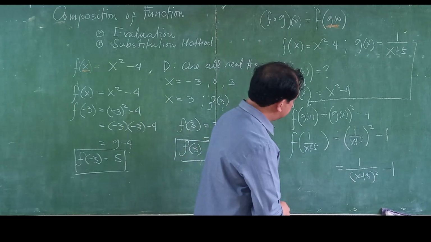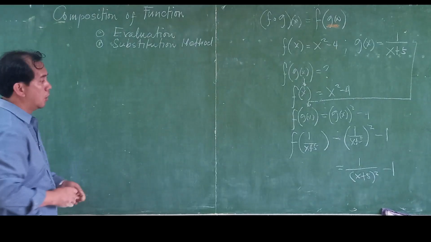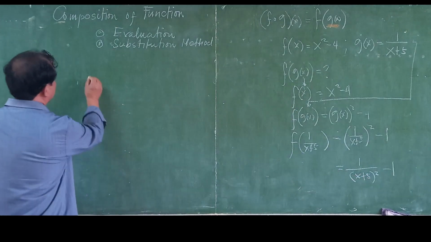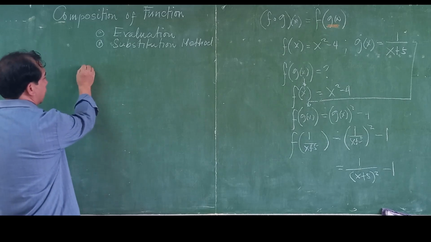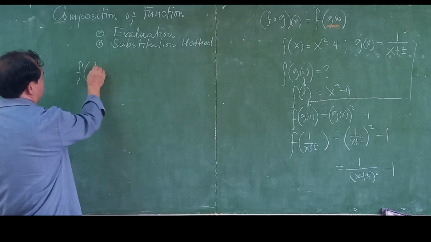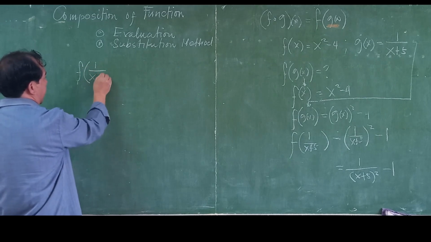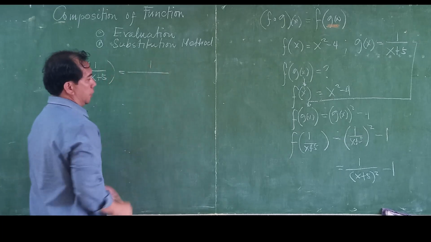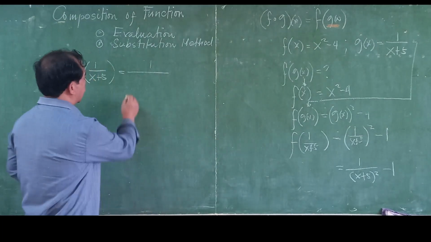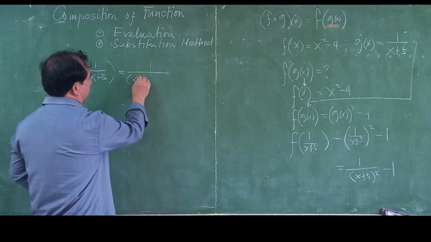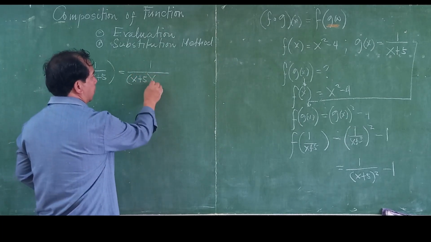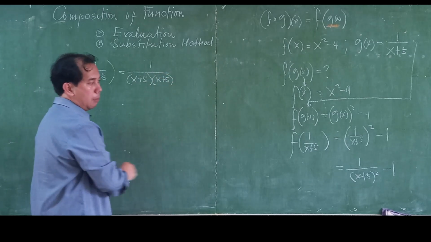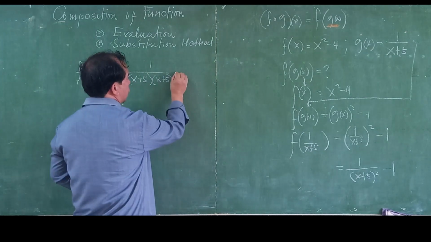So if we will expand, following the exponent of our denominator, we say that is the same as f of 1 over x plus 5 is equal to, we follow now the denominator. So we say x plus 5 multiplied by x plus 5, minus what? Minus 1.